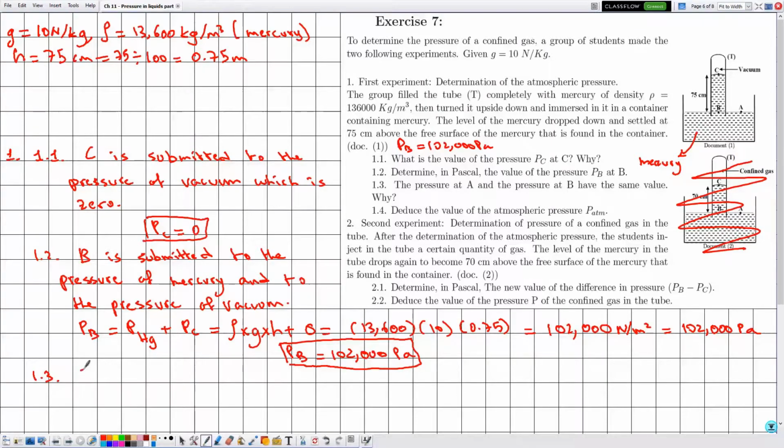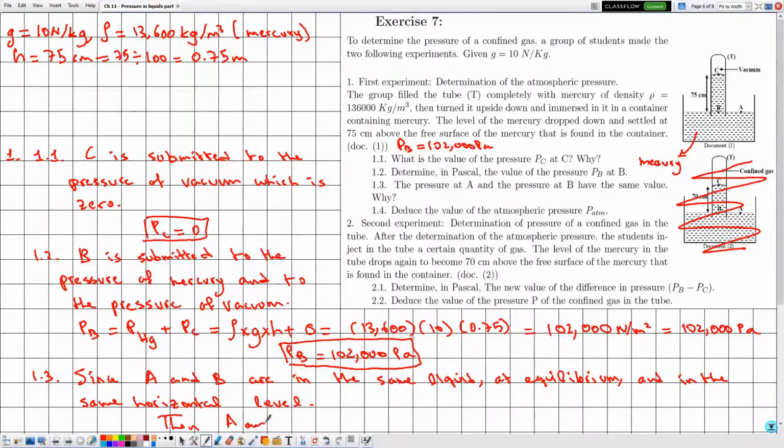So let's say that since A and B are in the same liquid at equilibrium and in the same horizontal level, then A and B are submitted to the same pressure.